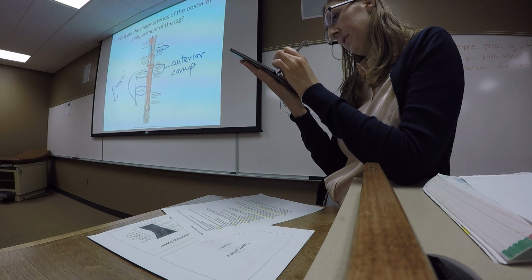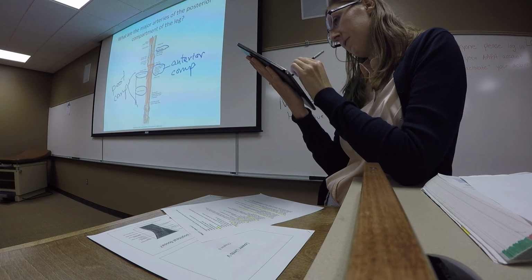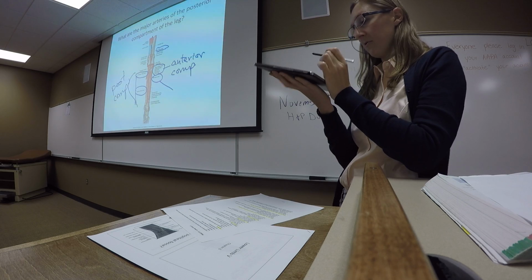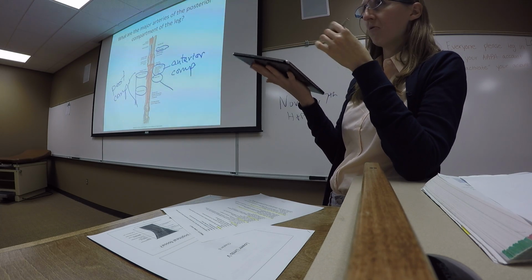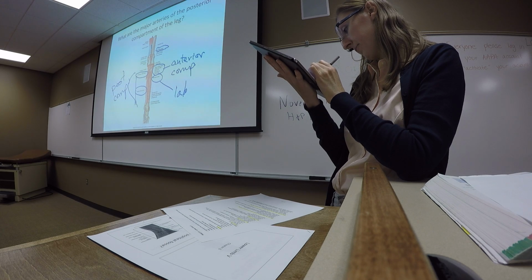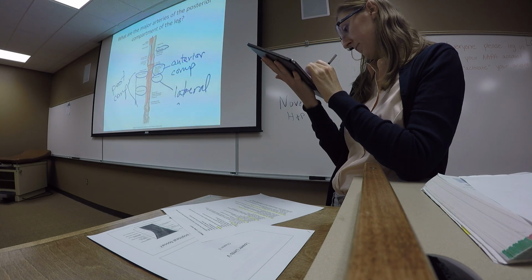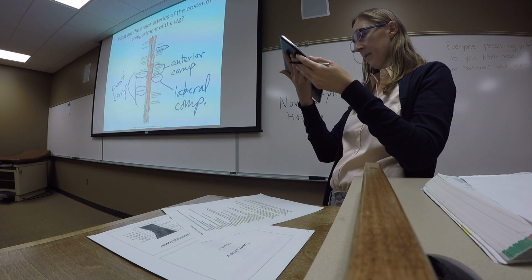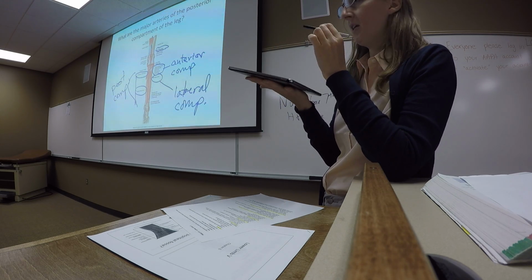And then we finally have the fibular artery here, which supplies the lateral compartment and lateral parts of the posterior compartment. Where does that branch off of? It branches off the posterior tibial artery.